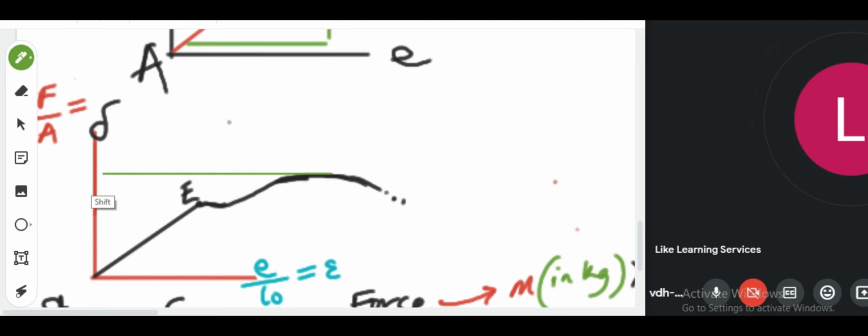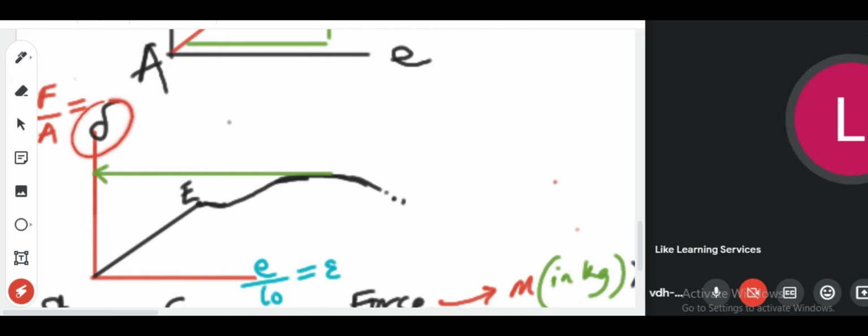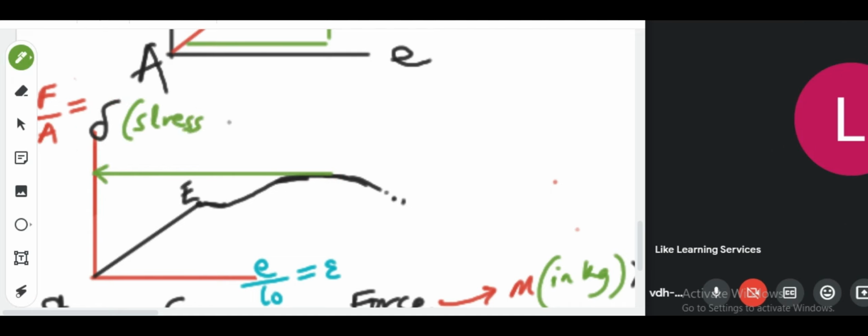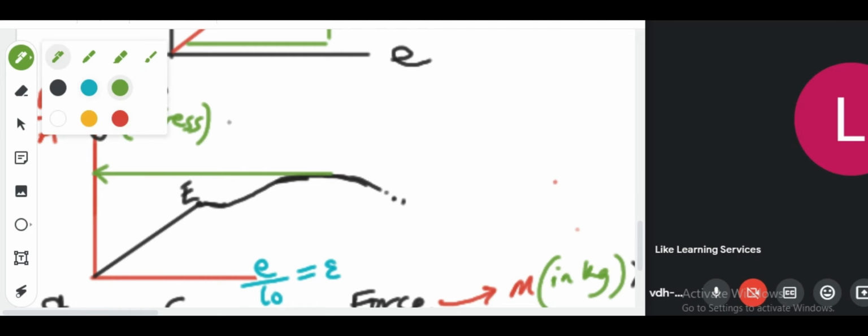This is what we call this position, which gives us the highest stress possible, because this part is stress. Let me label it. This is stress. Remember, this one is strain.